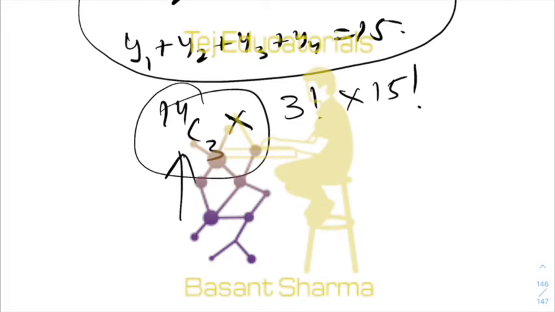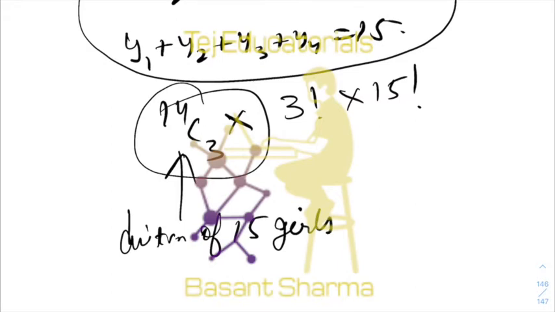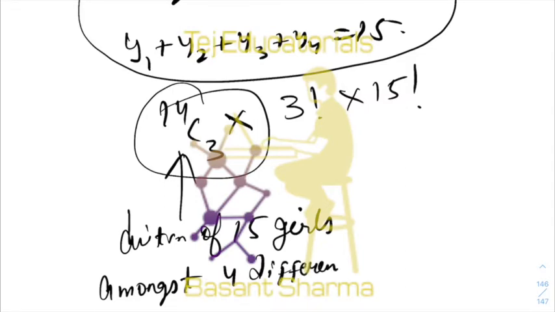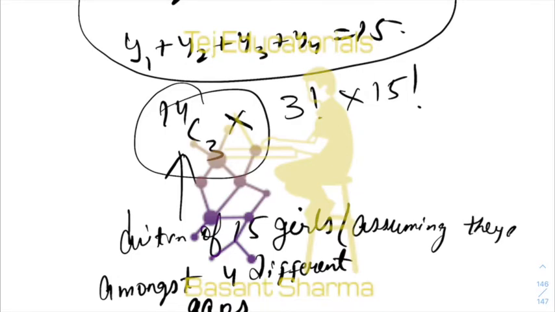14C3 is telling you the distribution of 15 girls amongst 4 different gaps, assuming they are all alike. Look at the way we are modeling the problem.